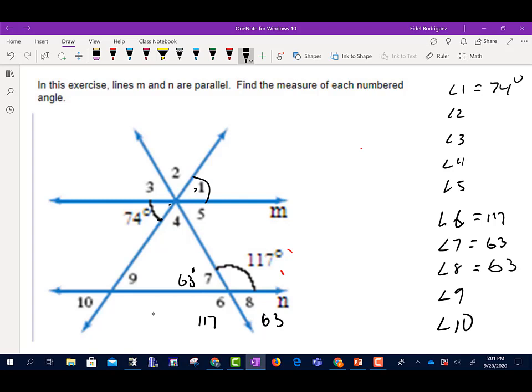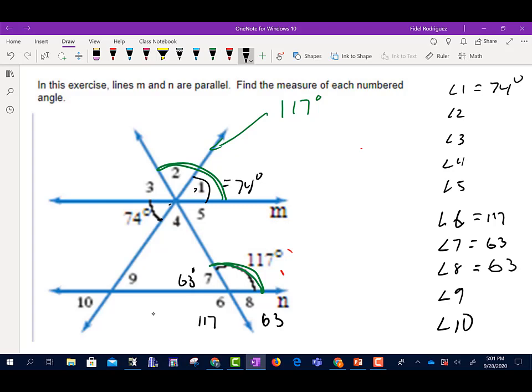So guys, just looking at my picture here, this angle here and that angle there would be corresponding angles, right? Meaning they would have the same measure. So I know that all of this business here, this whole big angle, is going to be 117. But we already knew, because it was a vertical angle, we knew this one here was 74. Okay?